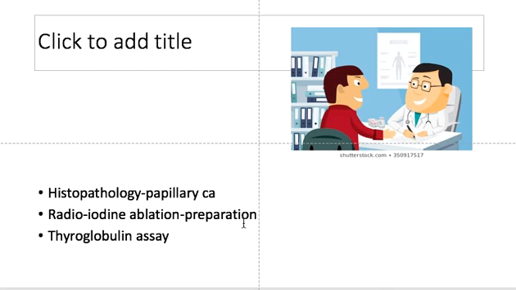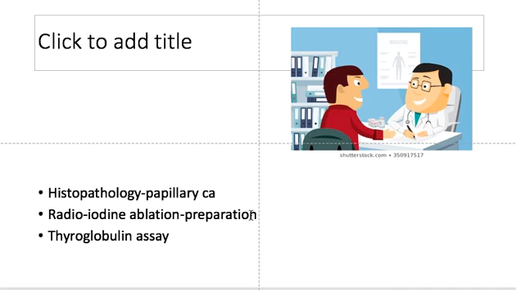So how we prepare for radioiodine ablation is by not treating the patient with thyroxine after your total thyroidectomy, provided you can do the ablation after 6 weeks. But for practical reasons, most centers in our country don't have access to radioablation after 6 weeks, because people are booked in batches. Radioiodine is brought in and then they are treated.